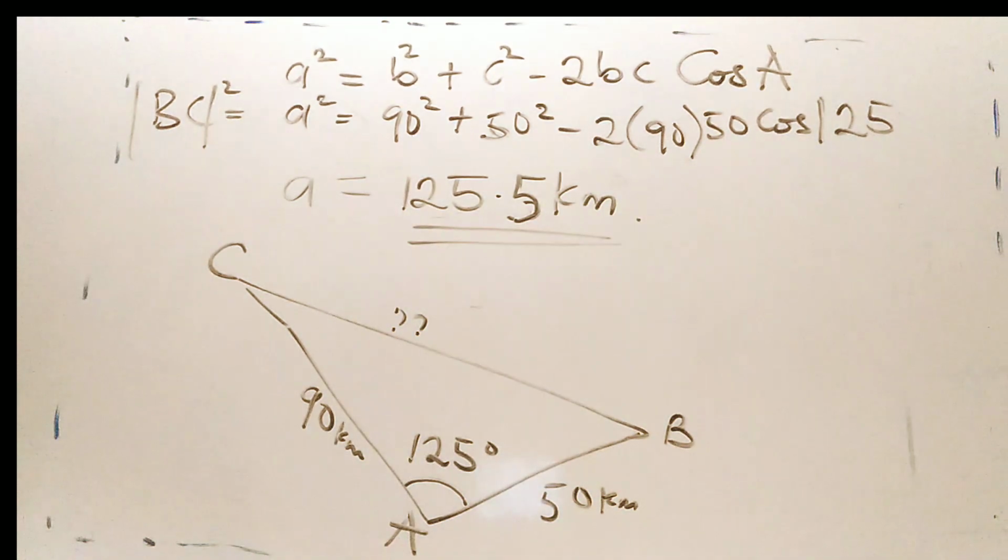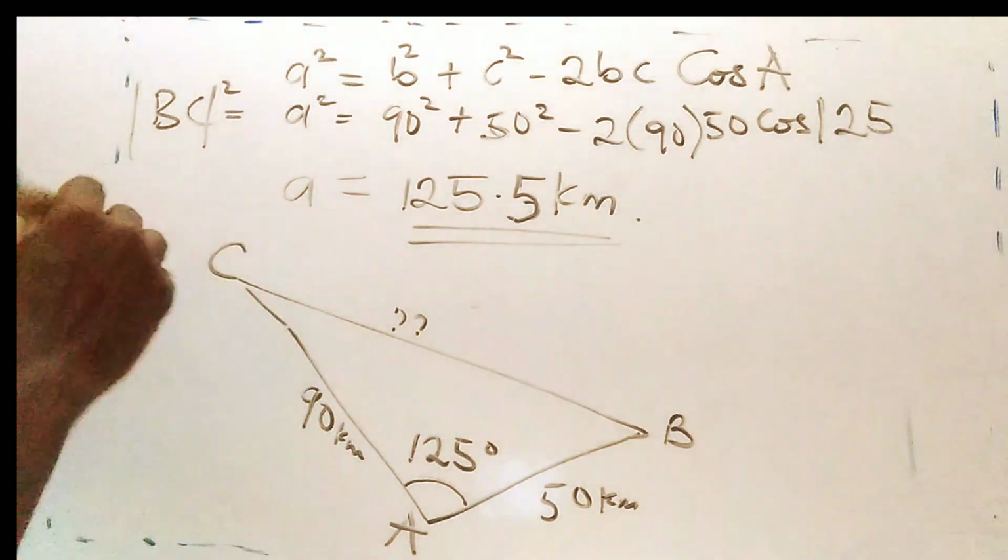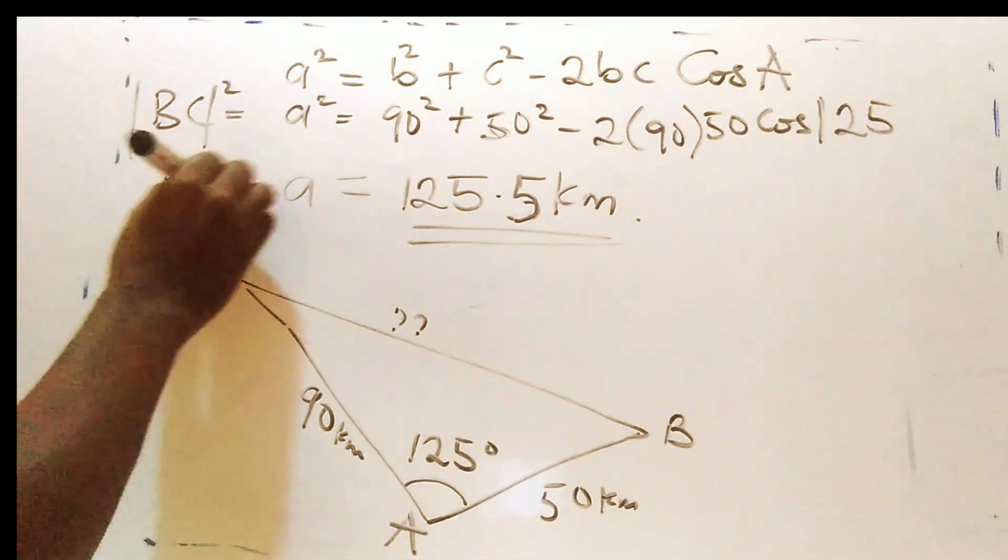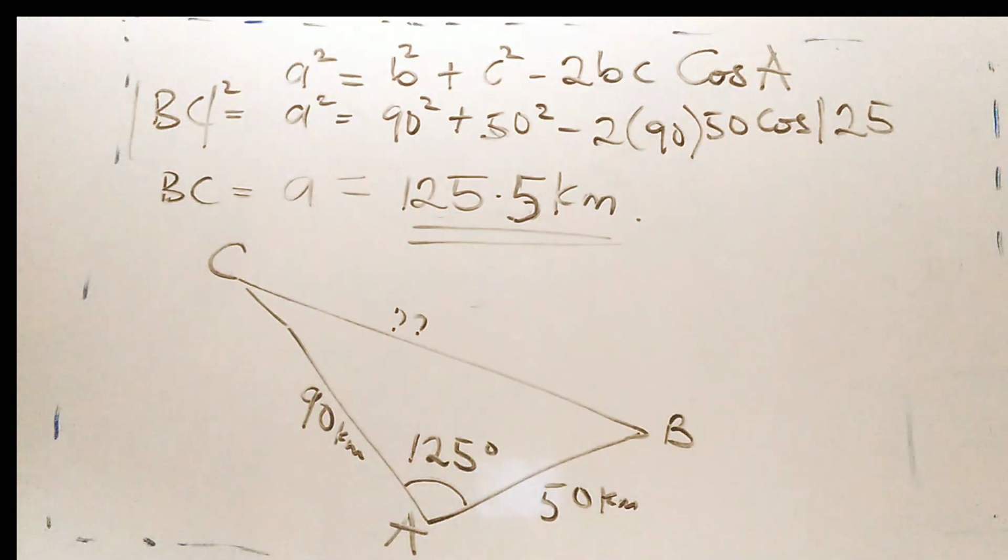So this is the solution to the first part of the question, that says we should find the distance BC. So our distance BC is 125.5 kilometers.